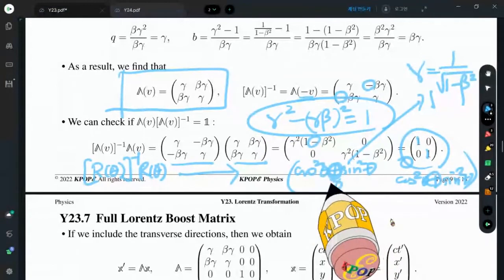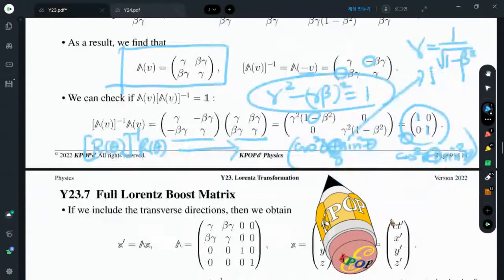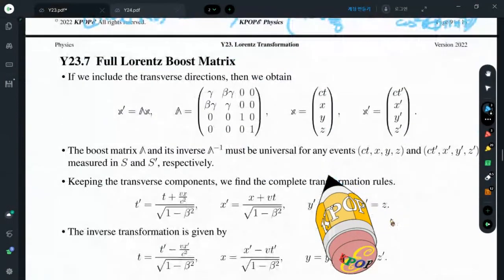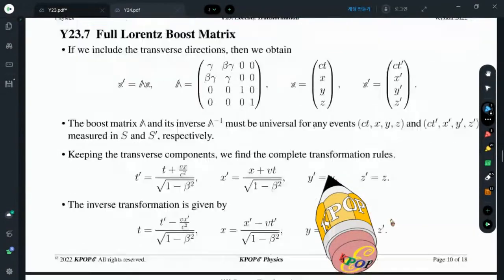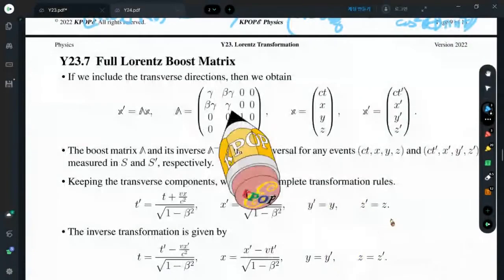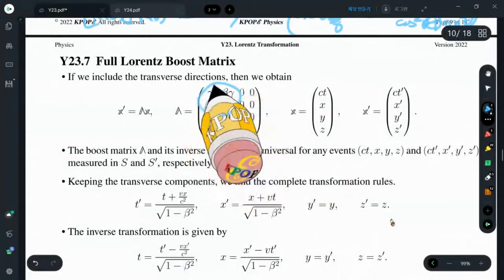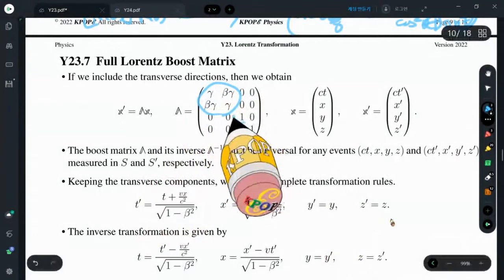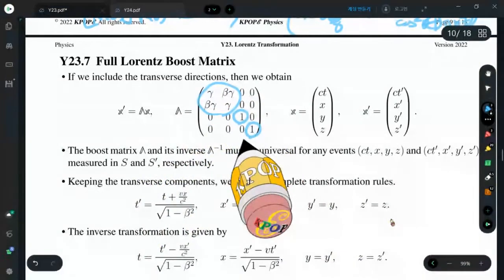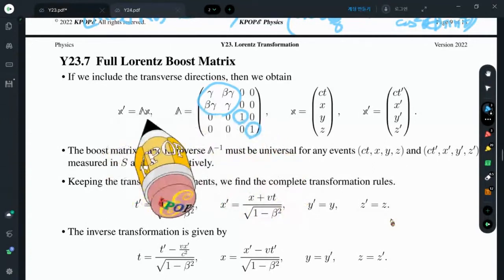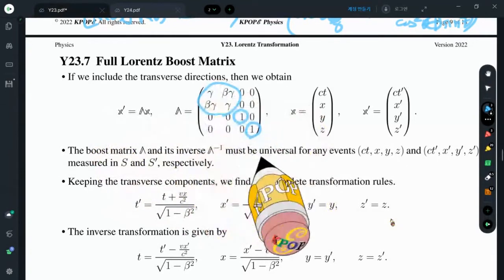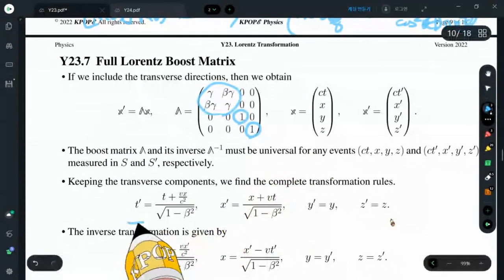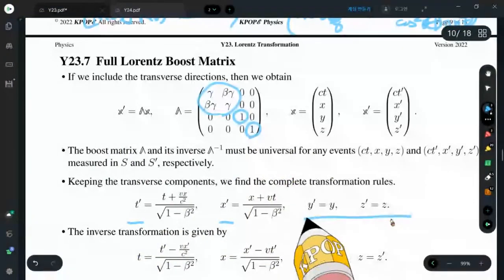Therefore, we can make use of a very simple mathematical relation. By the way, just by applying this 2 by 2 matrix and keeping the y and z components that are transverse relative to the motion, we can find the explicit transformation rule for space-time coordinates.